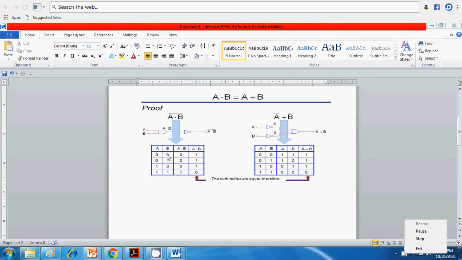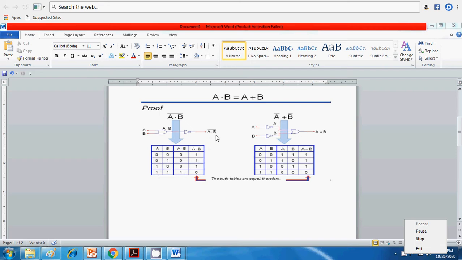So for the four conditions 0, 0, 0, 1, 1, 0 and 1, 1, A dot B will be, for 0, 0 it is 0, for 0, 1 it is 0, for 1, 0 it is 0 and for 1, 1 it is 1.